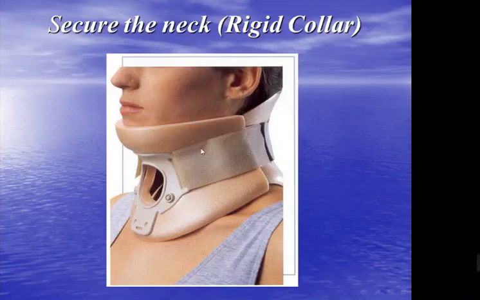As I told you, we suppose that any patient having injury also has a cervical injury, so we put this collar on with the ABC, with the circulation, until we are 100% sure there is no cervical injury, then we can remove it. And how will you be sure 100%? At least by doing a lateral X-ray of the cervical spine for the patient to see if there is no fracture or dislocation.